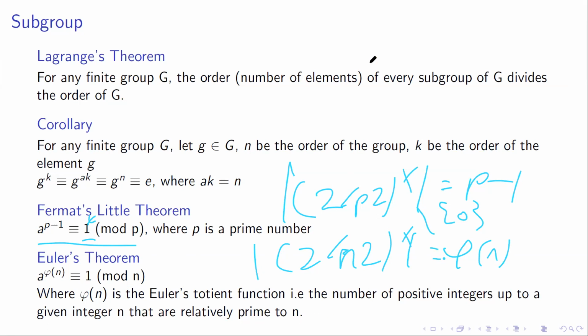Basically, if my n is 10, then the Euler totient function of 10 counts 1, 3, 7, 9, these four elements, right? Yeah, these four.